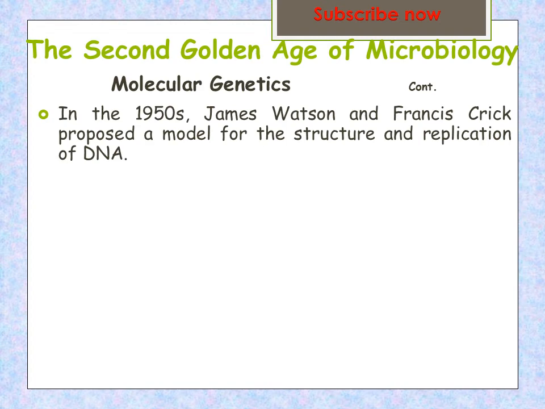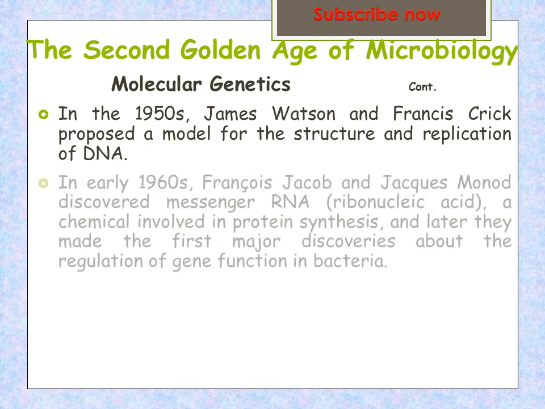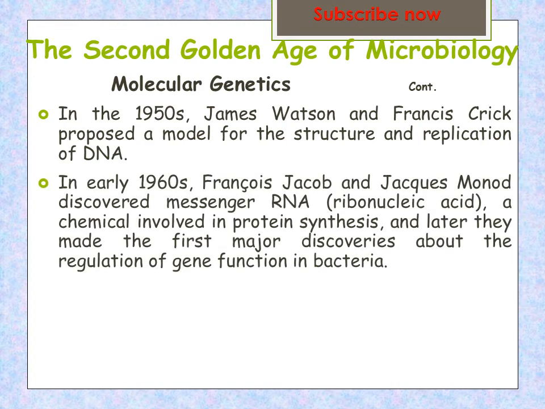In the early 1960s, François Jacob and Jacques Monod discovered messenger RNA, that's ribonucleic acid, a chemical involved in protein synthesis, and later they made the first major discovery about the regulation of gene functions in bacteria.